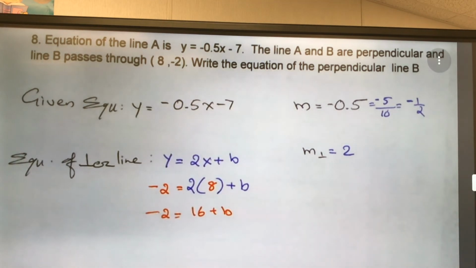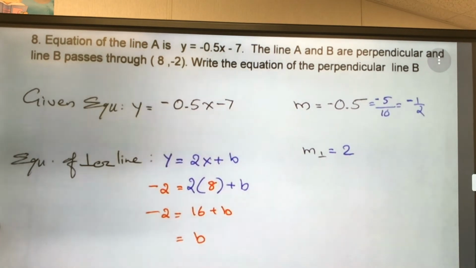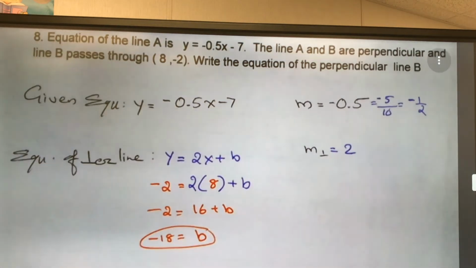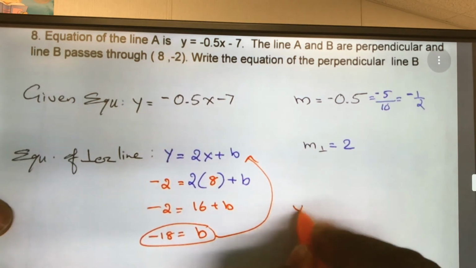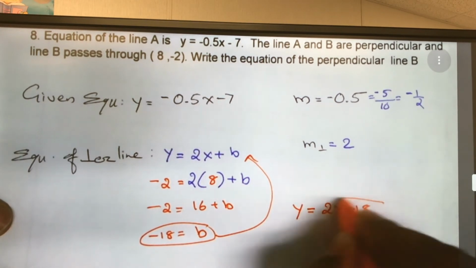Subtract 16 from both sides. I will get b is equal to negative 18. Once you have b, replace the b here. So the equation of the perpendicular line is y equals 2x minus 18.